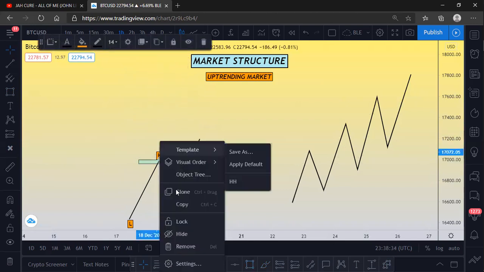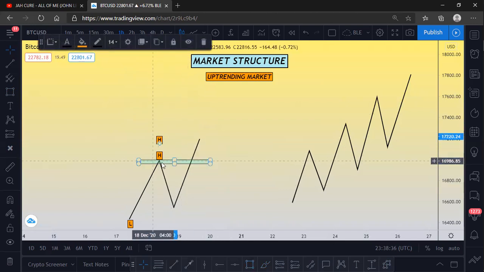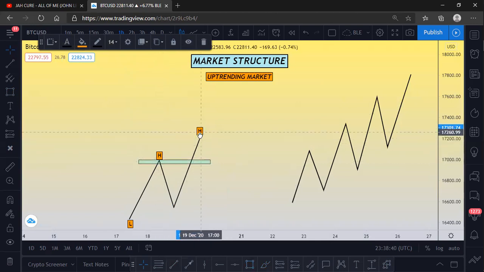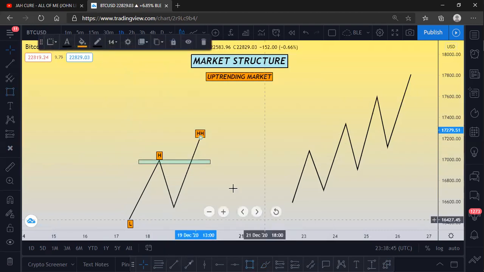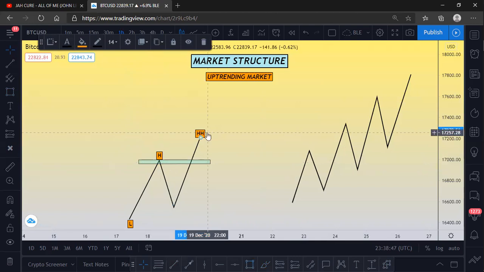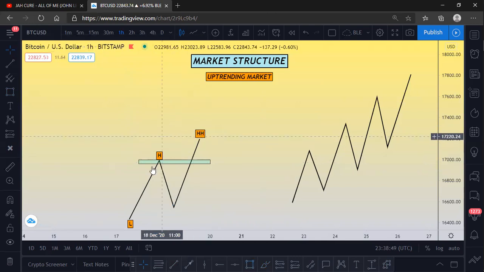The fact that price closed above this high makes this our new higher high, because this high is higher than the previous high. Do you understand? Good. So if this high is higher than the previous high, then this makes this area our higher low.